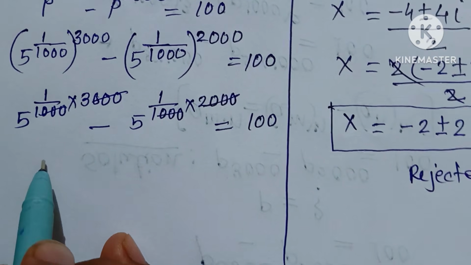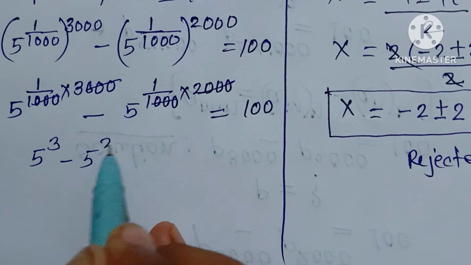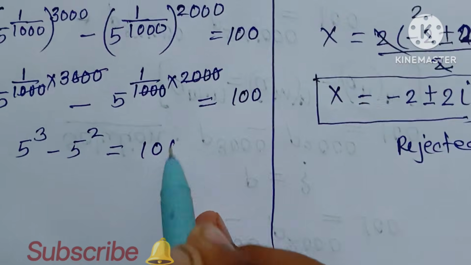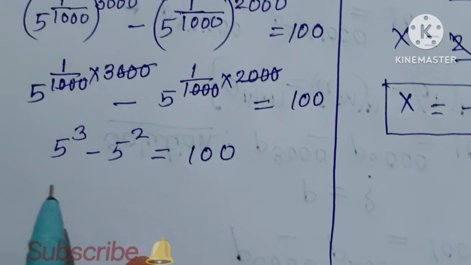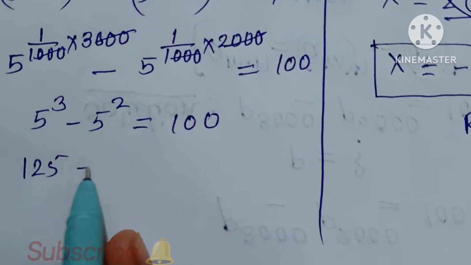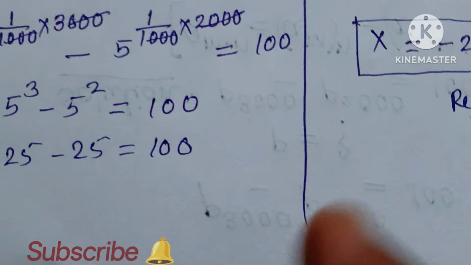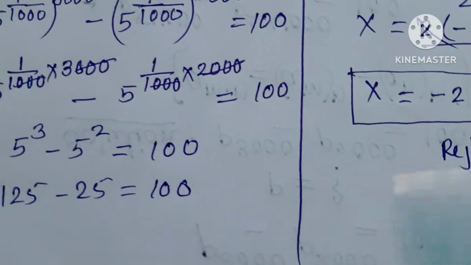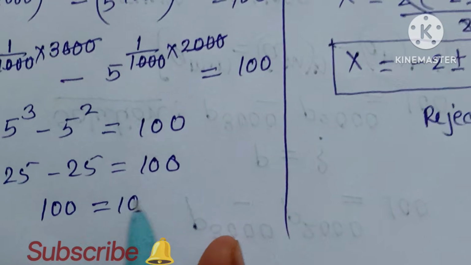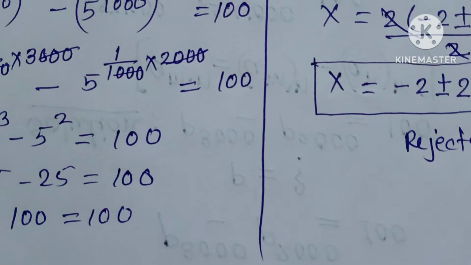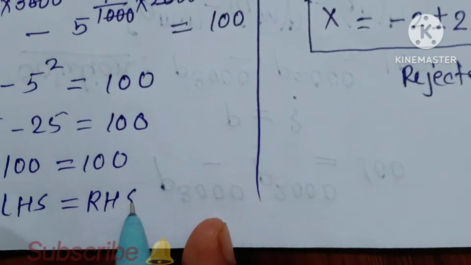Now 5 raised to the power 3 minus 5 raised to the power 2 is equal to 100. 5's cube is 125, minus 25 is equal to 100. 100 equal to 100, then LHS is equal to RHS.